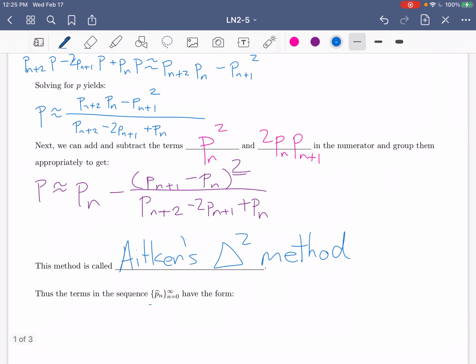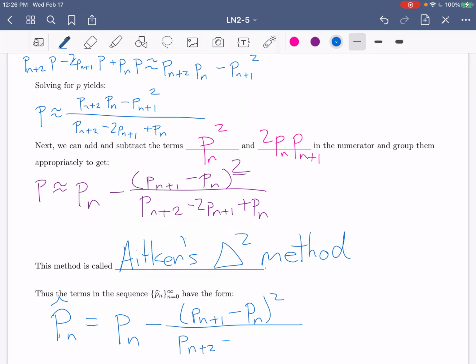And the terms of this p hat sequence are going to be equal to the nth term of the initial sequence minus the quantity (the n plus 1 term of the initial sequence minus the nth term) squared, divided by the n plus 2 term minus 2 times the n plus 1 term plus the nth term.